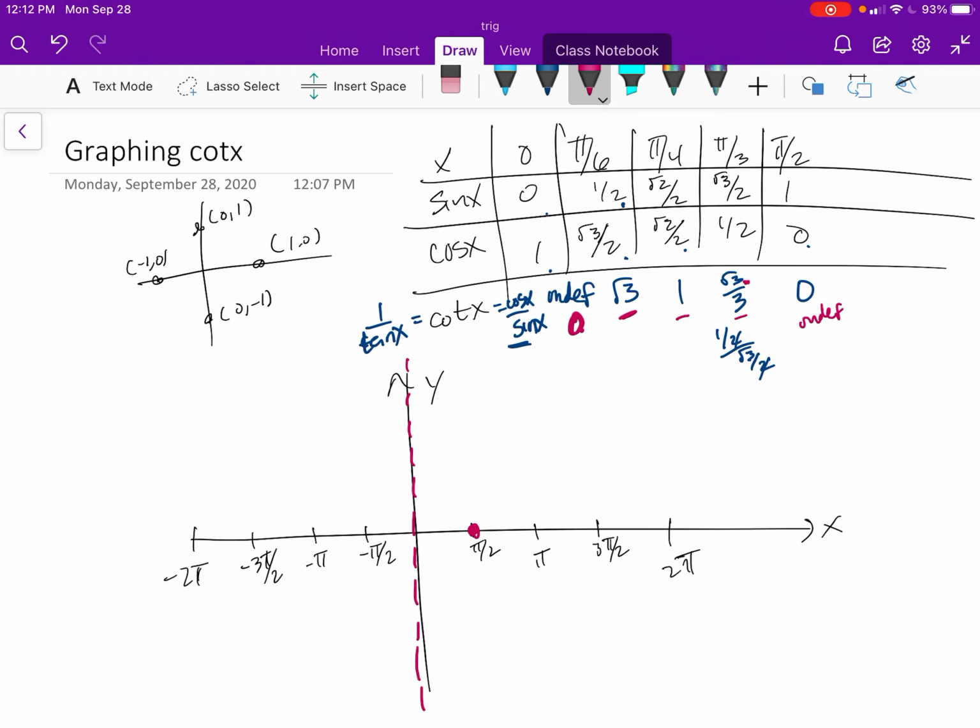So tangent had this graph where it had these little shapes that look like cubics, and then they approached asymptotes. Keeping that in mind with cotangent, really this is all the information we need if we follow that pattern.